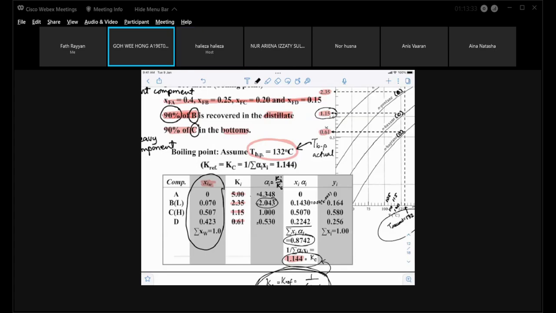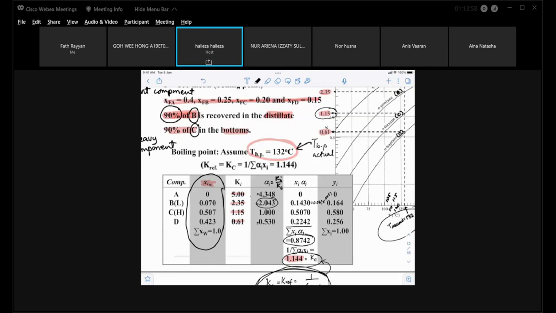Doctor, I have a question on the K reference. It's not necessarily the case that the K reference will be the heavy key, right? The example here just uses the heavy key as the K reference. Sometimes it depends. Sometimes they give you the value already, so you know that is the K reference.